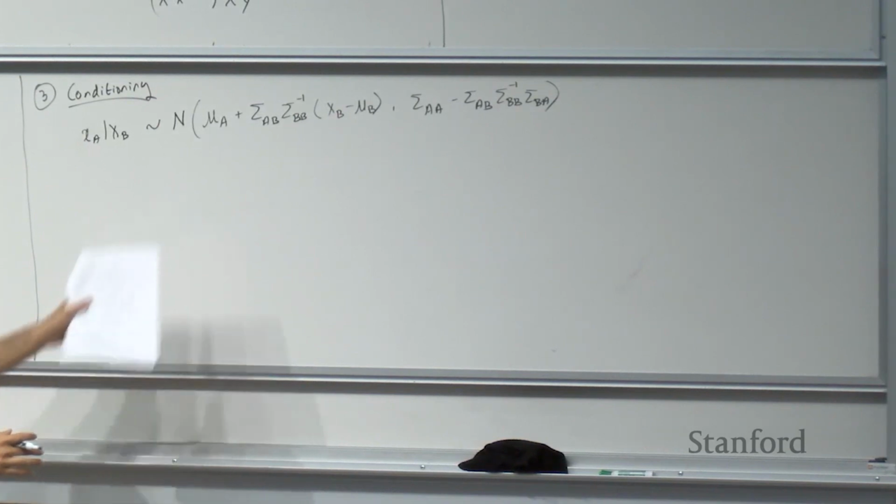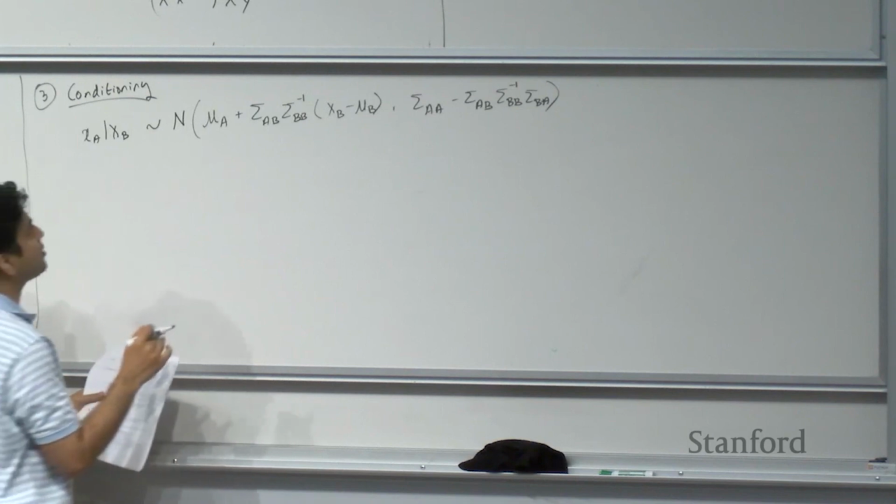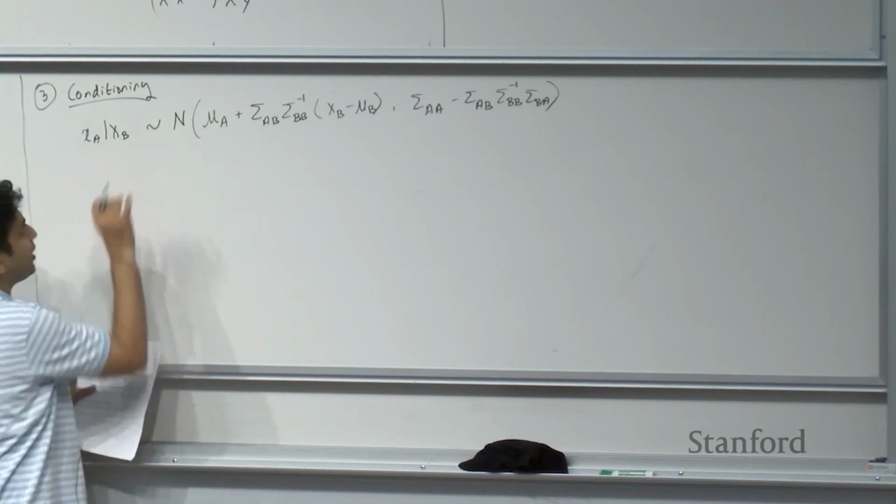Now, to understand this a little more, let's look at a case where xa and xb are scalars.